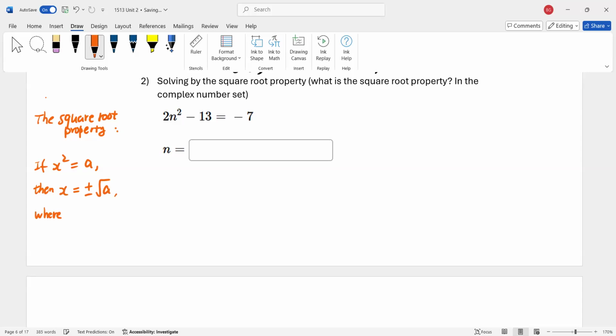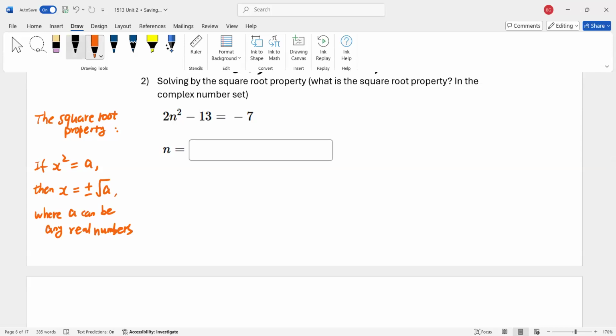That means a could be positive, could be negative, could be 0.